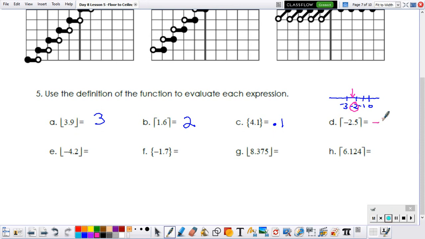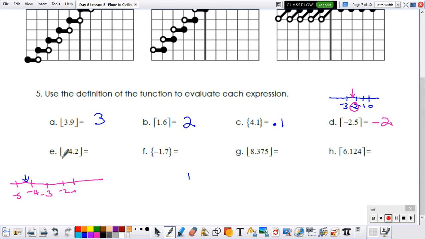So just be careful. So negative 4.2, similar situation. We see the brackets tell us to round down. But again, if you need to make a super fast number line, negative 1, negative 2, negative 3, negative 4, negative 5. So negative 4.2 would fall somewhere here.